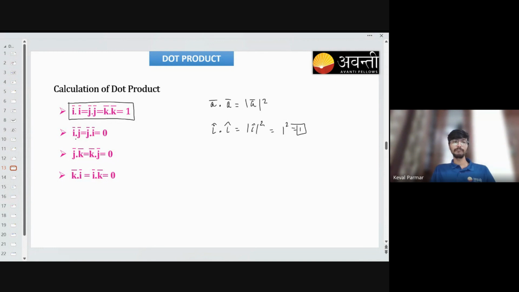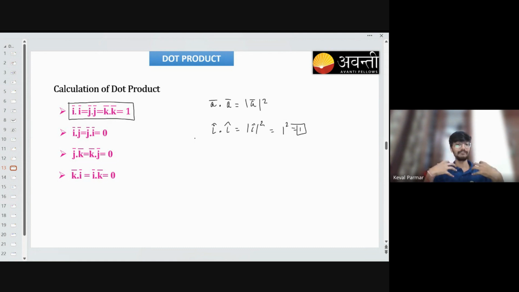Now, if we take dot product of vector I cap with any of the other two, what are the other two? J cap and K cap. So we all know I cap is along the positive x-axis. J cap is along the positive y-axis. So what is the angle between I cap and J cap? It is 90 degrees.